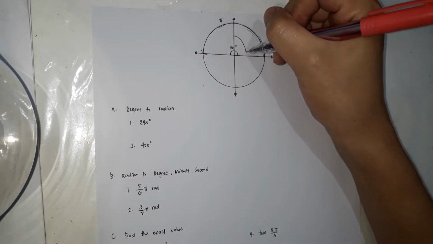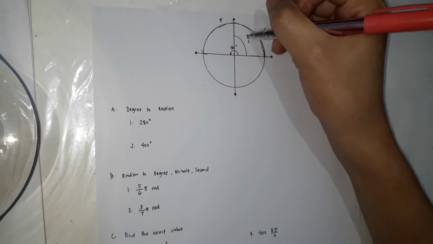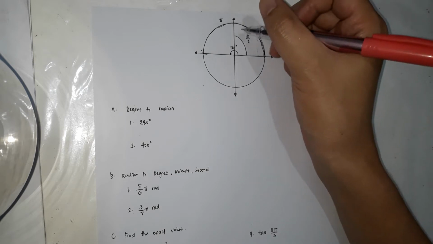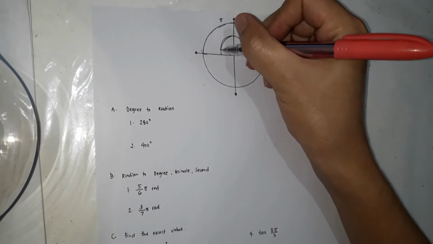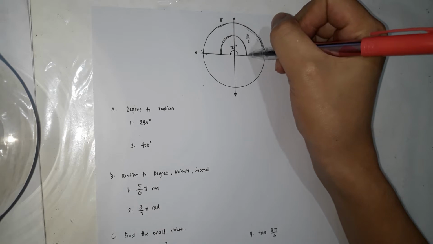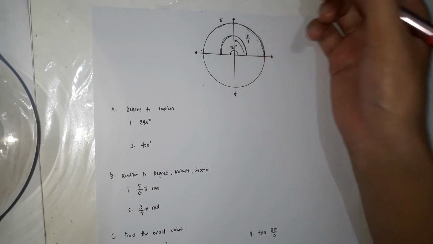this one is pi over 2, 1/2 of pi, because this is pi. So if until here only, that's 1/2 pi, or pi over 2.